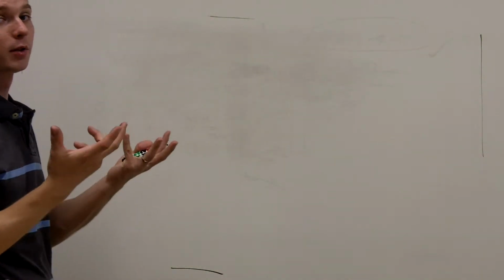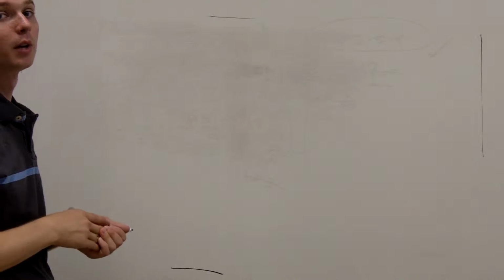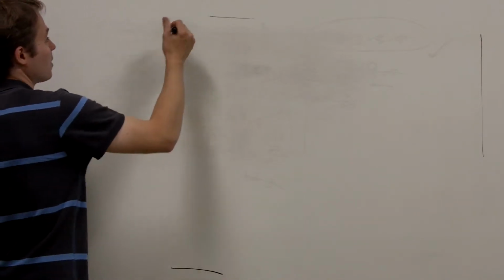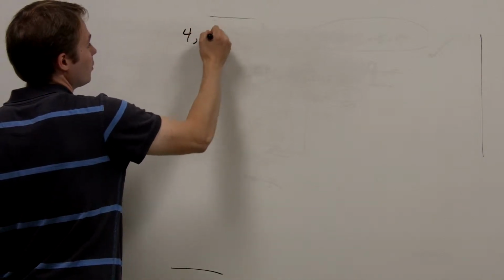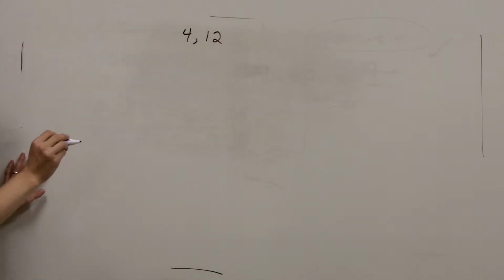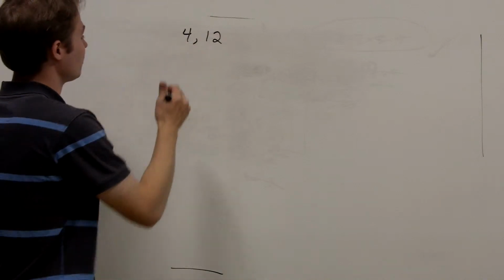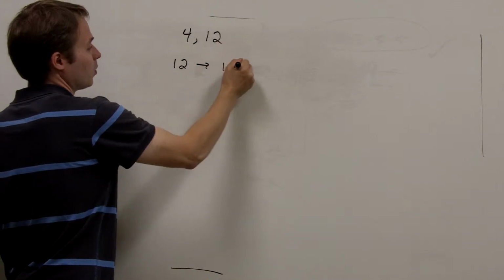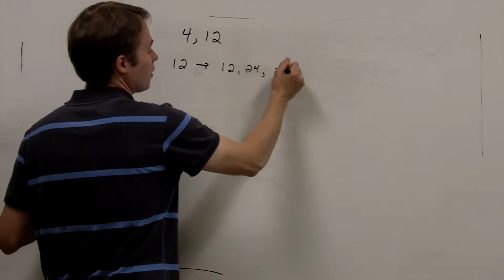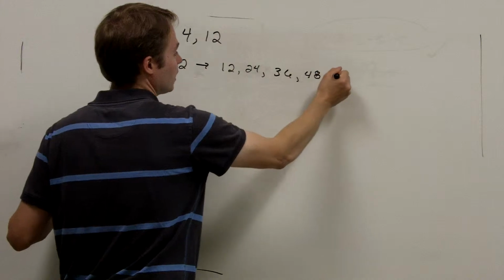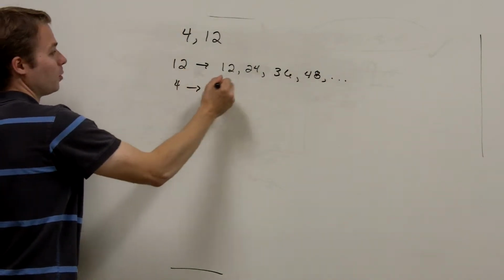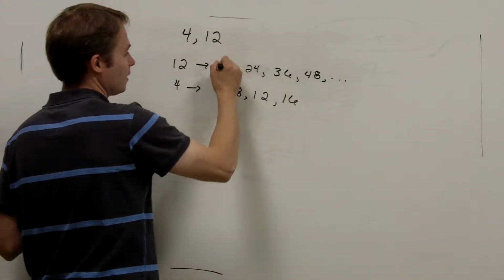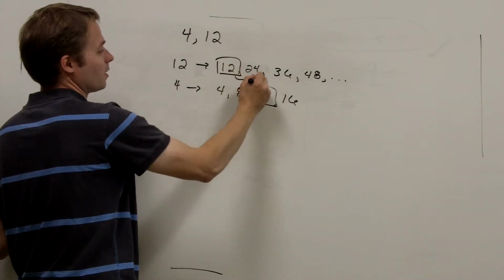Now, it is possible that if you have two numbers and you're trying to find the least common multiple, the least common multiple will actually be one of the numbers. For example, between 4 and 12, 12 is a multiple of 4. The multiples of 12 are 12, 24, 36, 48, etc. The multiples of 4 are 4, 8, 12, 16, and you'll see that 12 pops up in both of these lists.